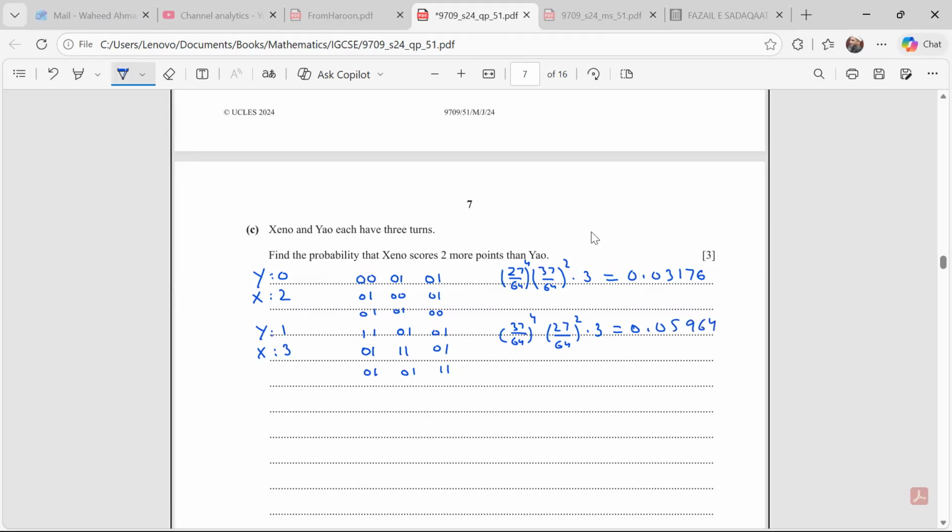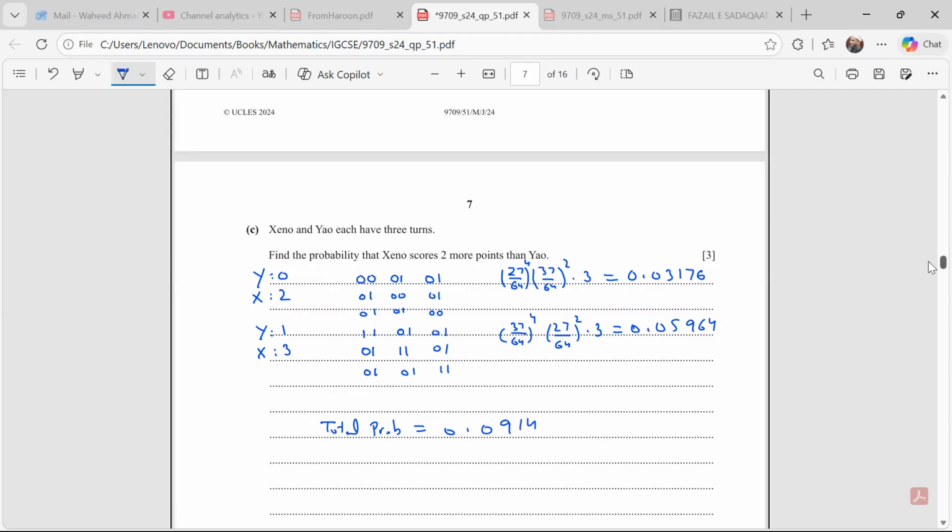So for the total probability, we have to add them together, and if I add 0.03176, it comes out to be 0.0914. Okay, I hope it's clear.